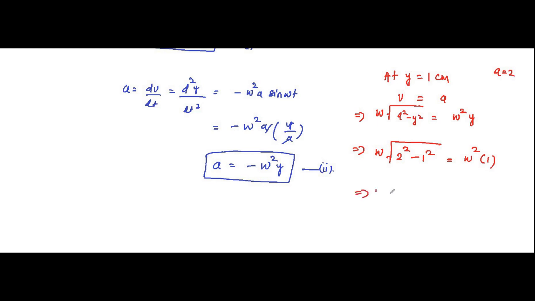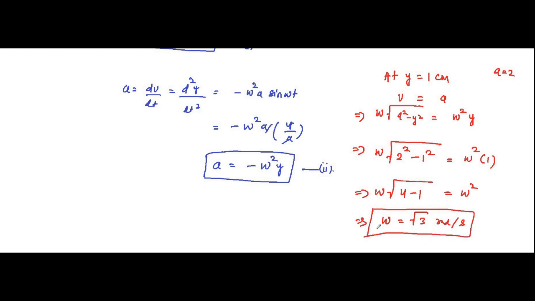That implies root of 4 minus 1 is equal to omega, so omega is equal to root 3 radians per second. This is the value of angular frequency.